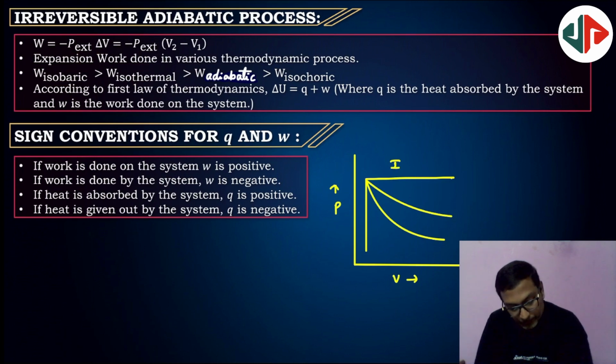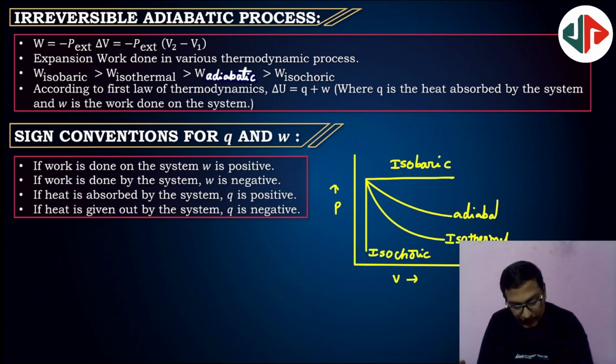Isobaric, this one isochoric, constant volume. This one isothermal. Next adiabatic. Check here, area under the curve.